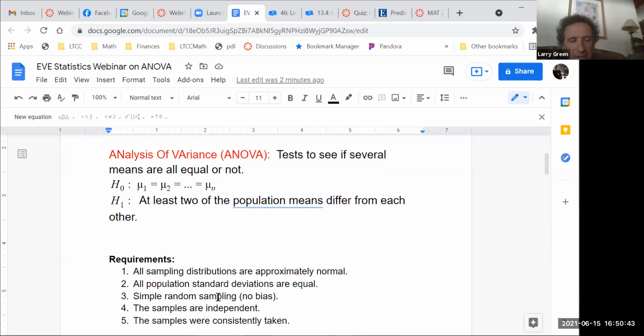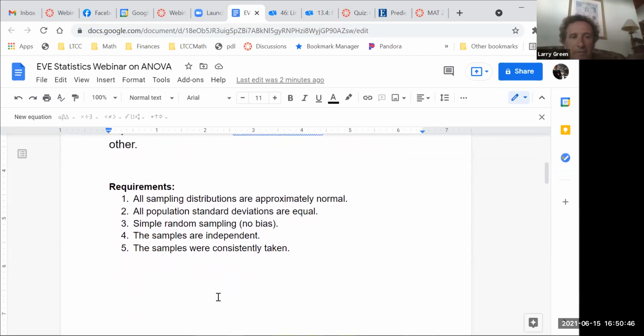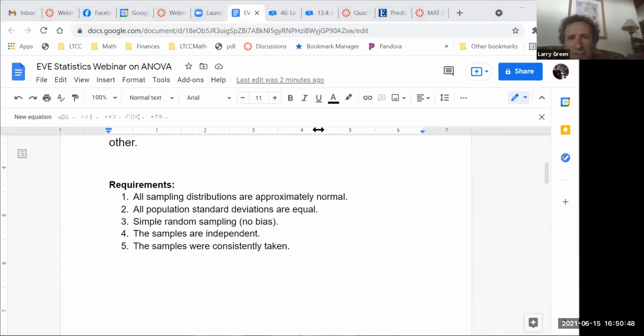And I want to mention these are tough. Not necessarily tough to understand, they're tough to apply in the real world. Some are harder than others. So the first one, we've seen before.